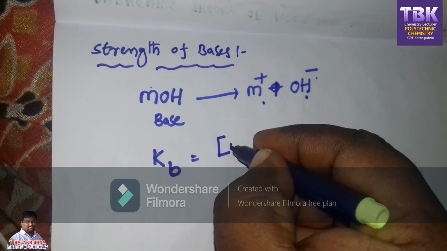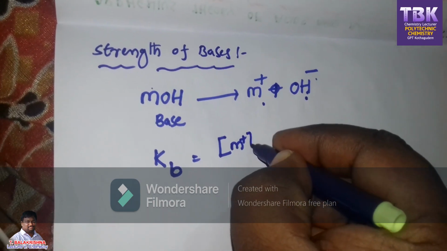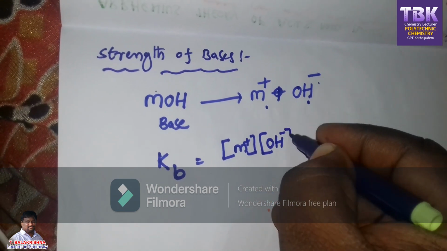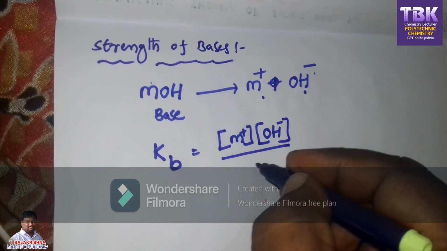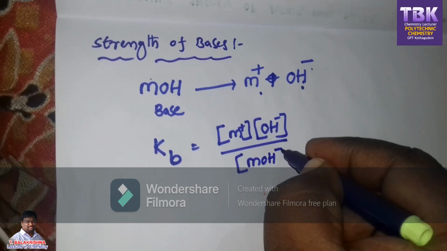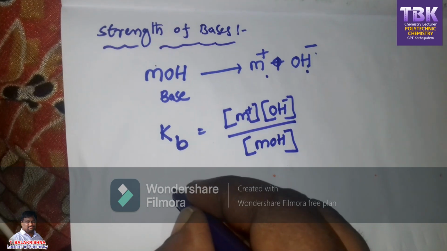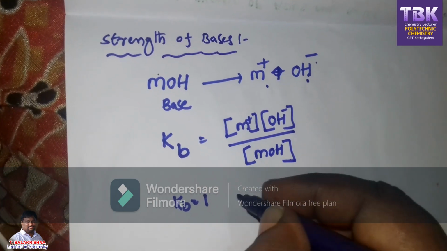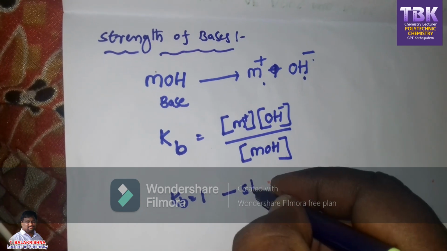The concentration of products are M plus and OH minus, by the reactant MOH.